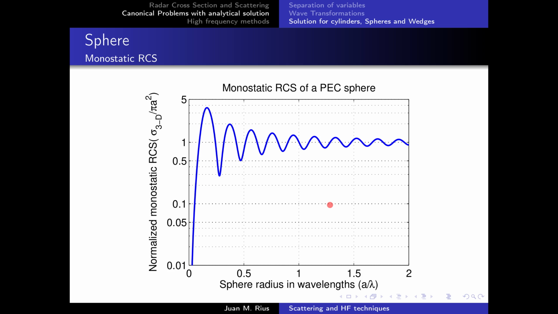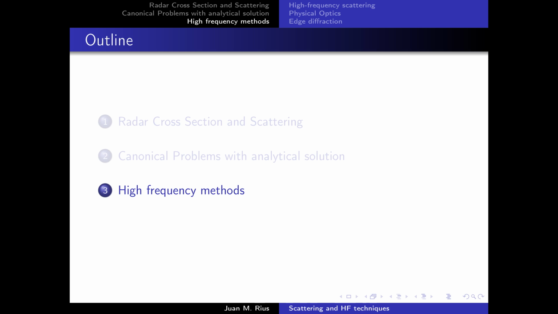So if we plot the radar cross-section versus A over lambda, normalized to the high frequency result by A squared, we find that for a radius much smaller than lambda, the radar cross-section grows very fast, as fast as A over lambda to the power 6.